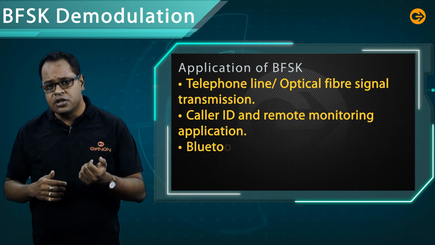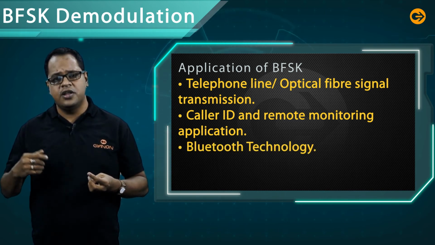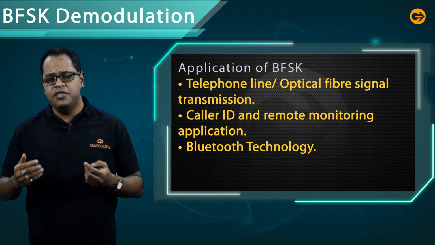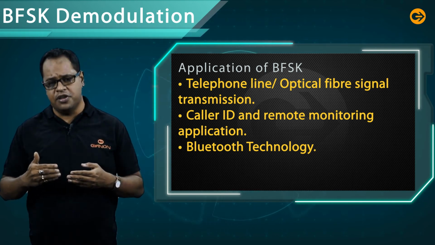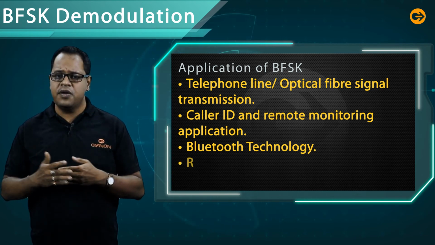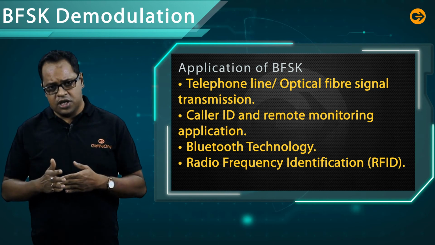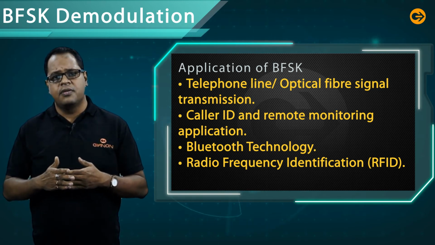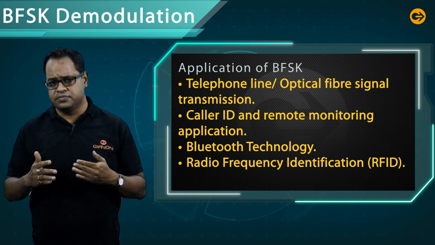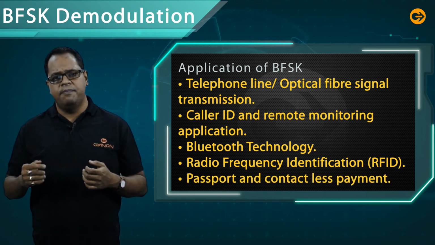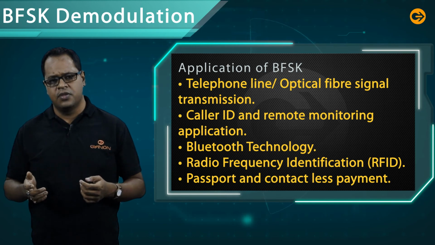In Bluetooth technology, which you use in your daily life, BFSK is essential. Radio frequency identification, that means RFID technology, uses binary frequency shift keying. In passports and contactless payment, BFSK is used.